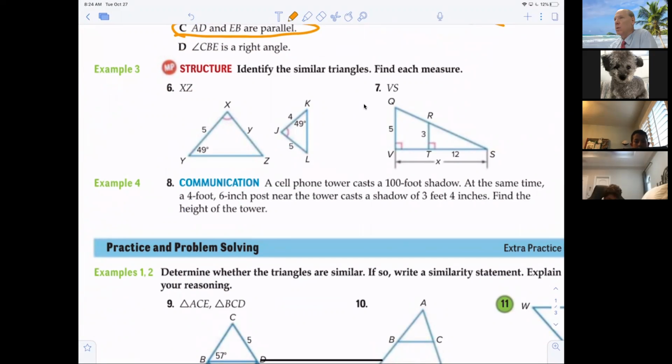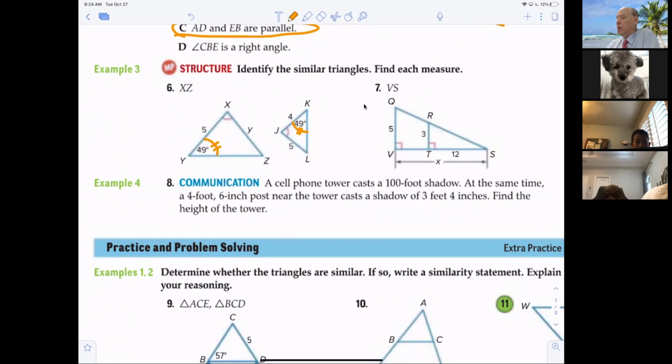Or no, we can say that 49 degrees is equal to 49 degrees. Therefore, they are what? Similar. The triangles are similar. Now, the hard part, right? You have to tell me what corresponds to what. That's why I think it's important to write the similar triangles.